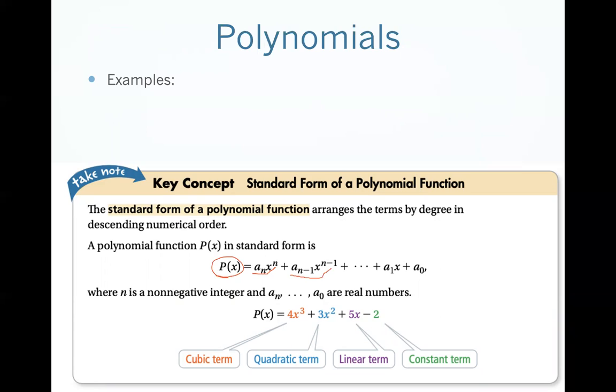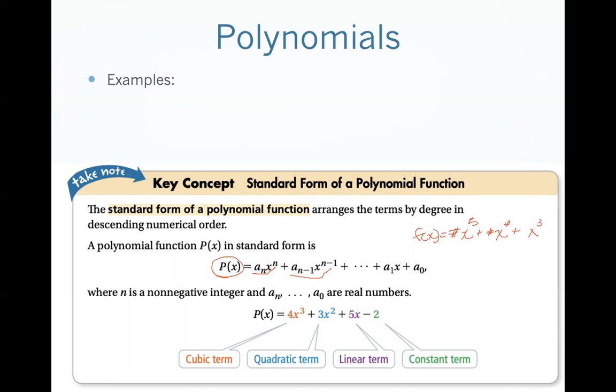Now I know this notation is, if there's a lot of variables, there's a lot going on in here, but what that means is anytime I have a function f of x or y, that's just a number times x to a power. Let's say the fifth power. And then I can have another number times x to the fourth power plus another number times x cubed.